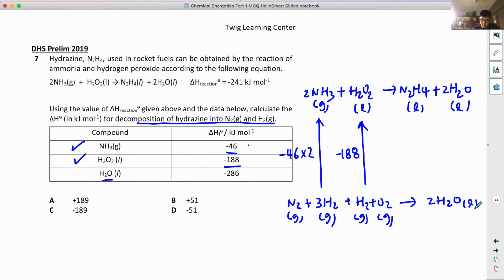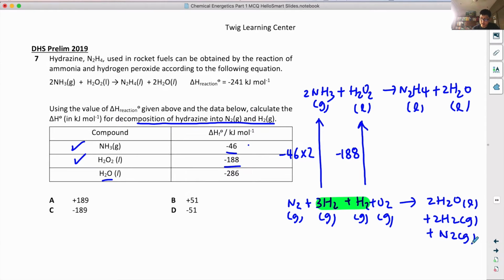Over here, if you look at it, I have 4 H2, but I need to use up 2 H2. So there's a balance of 2 H2, and a balance of N2 which I didn't use.